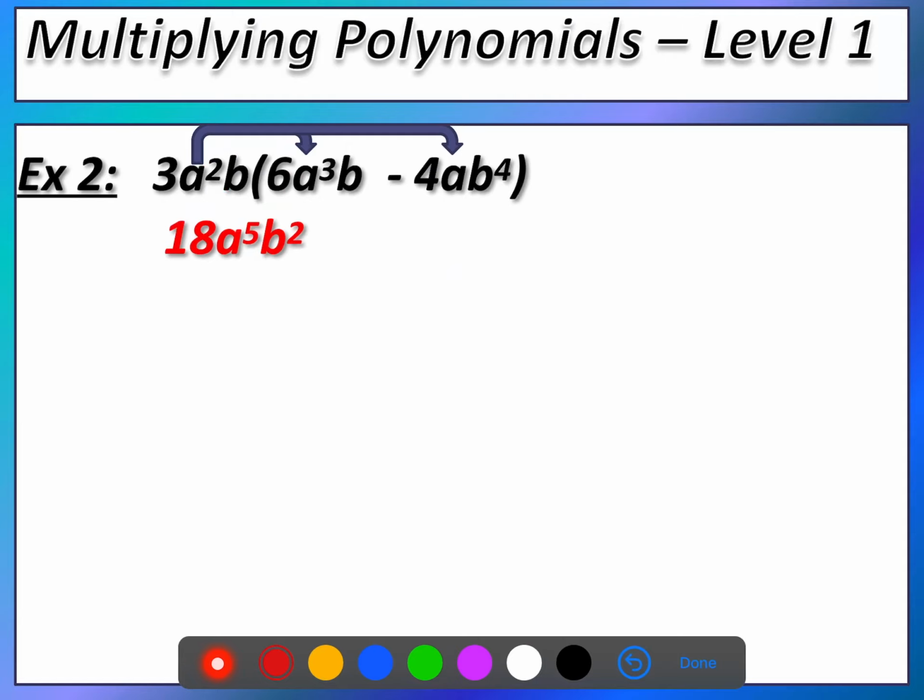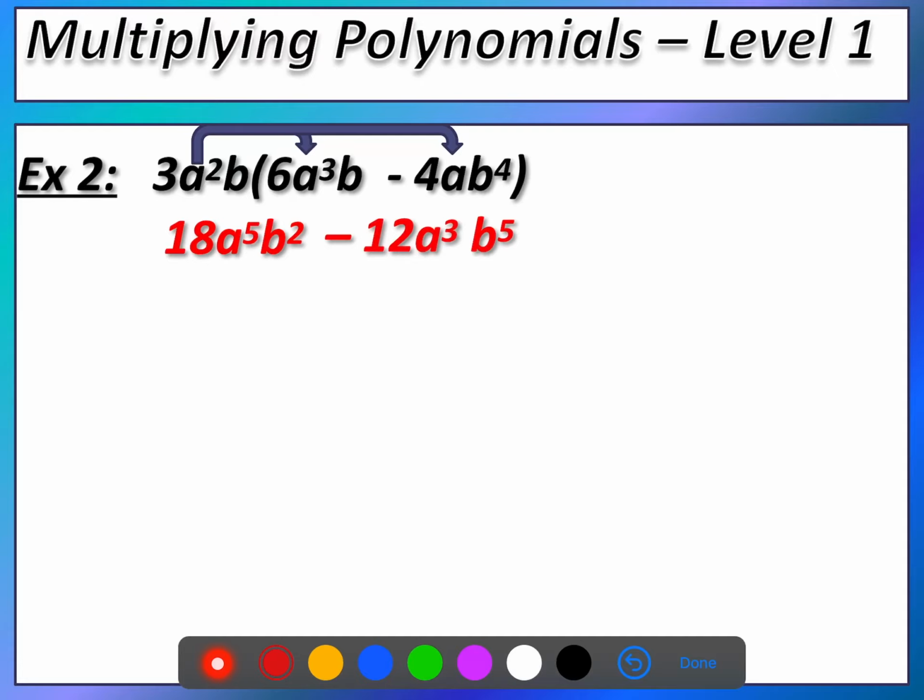So now when I distribute the 3a squared b, this becomes a minus 12a to the 3rd, b to the 5th. Okay, so they are two separate terms. It is very important that we have operations between each term.